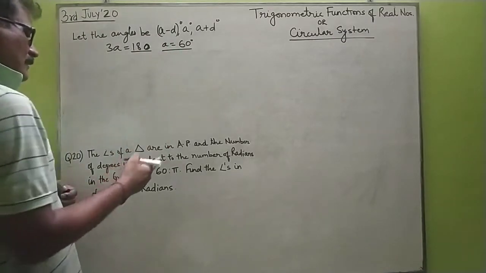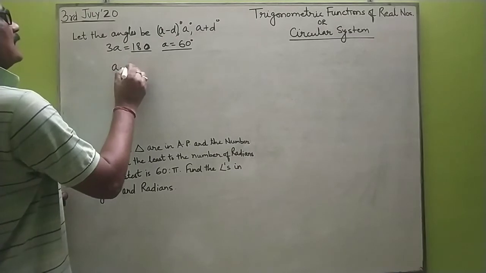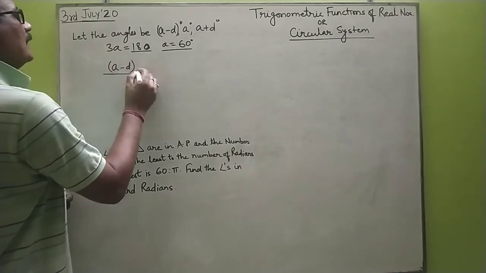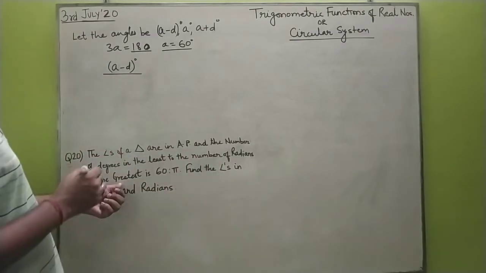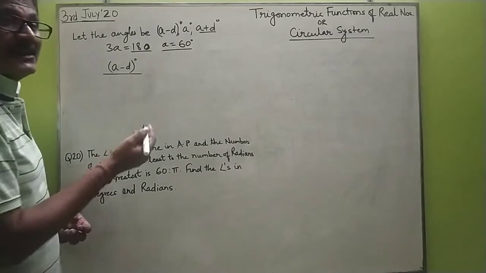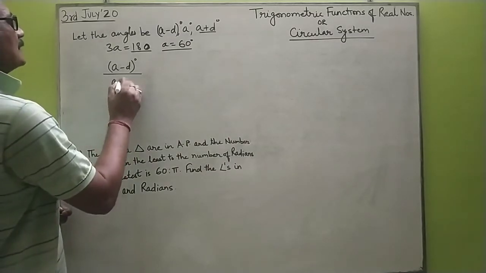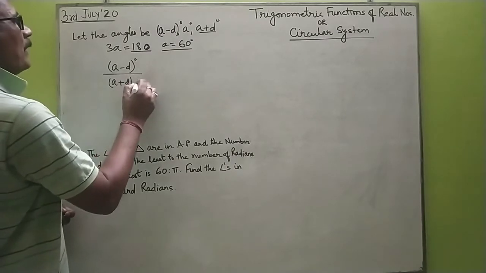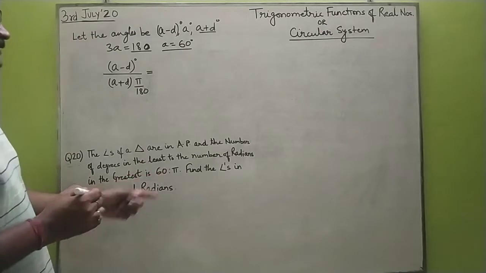So the degrees in the least means A minus D degrees. And then the number of radians in the greatest. Greatest is this one, you have to change it into radians. And how do we change degrees to radians? By multiplying it by pi by 180. So we write here A plus D into pi by 180. And this ratio is given as 60 upon pi.